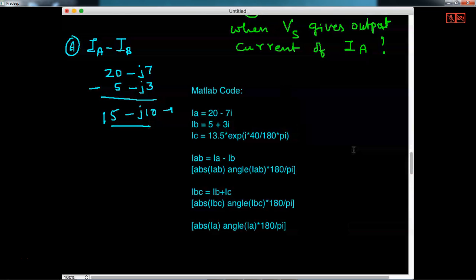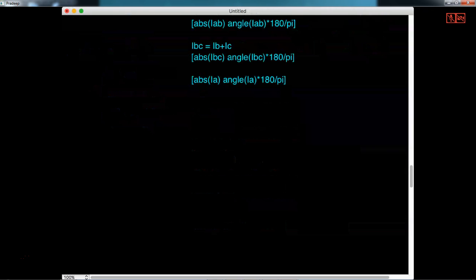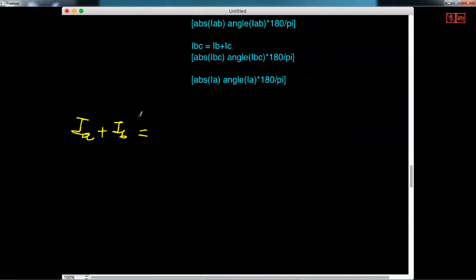So finally, I'm getting the answers. IA equal to 15 - j10, which is equal to 18 at an angle of 0.7 degrees.